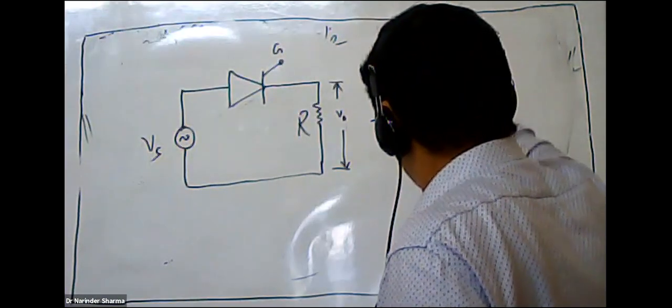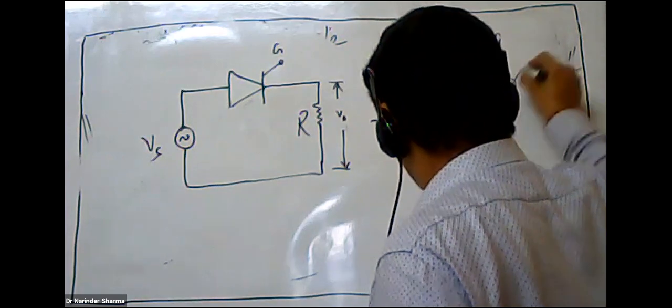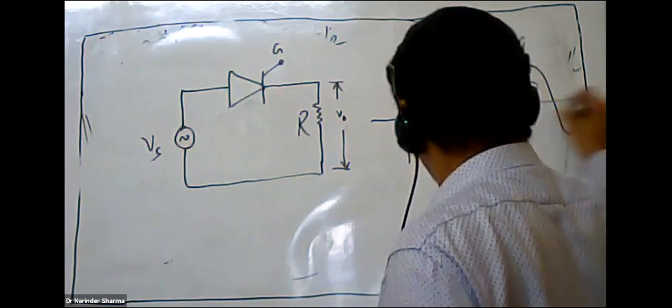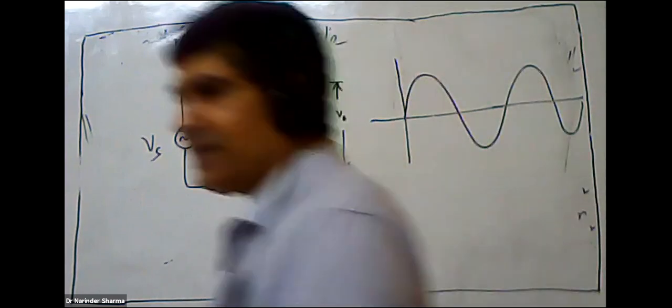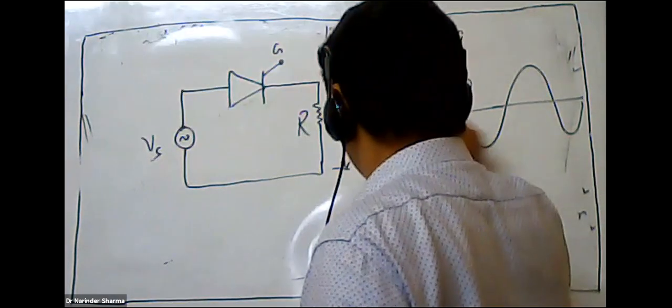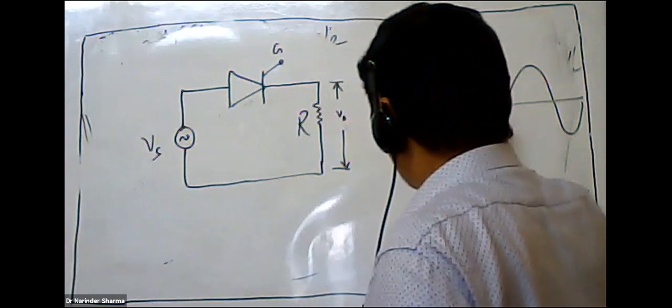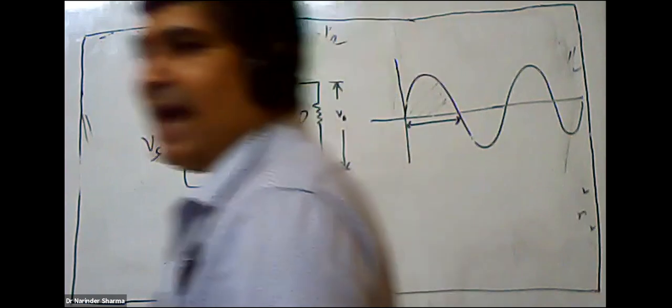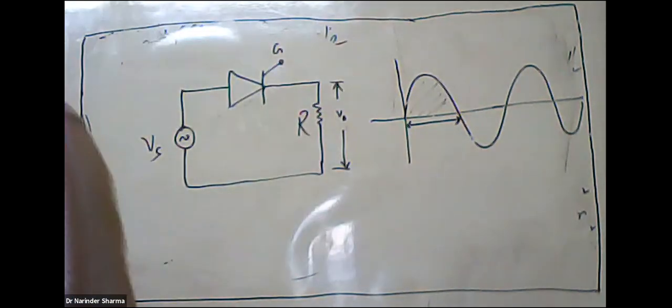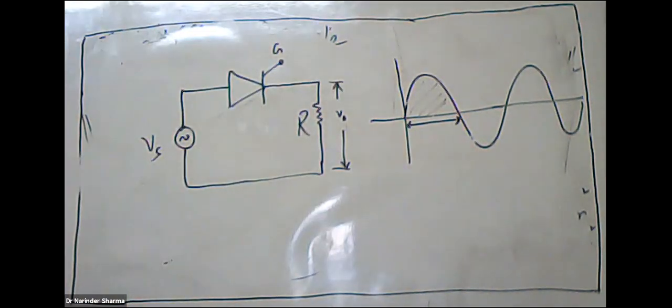Normally this is the input or AC supply. In the case of a diode, it will conduct for the whole period. But as far as the SCR is concerned, it will not conduct for the whole period.